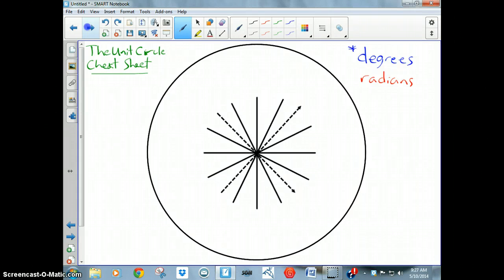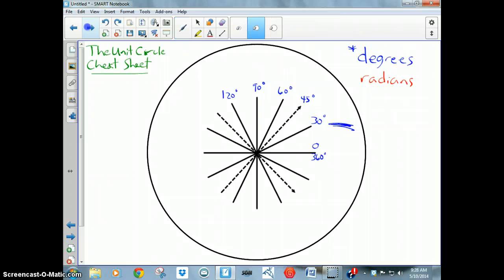Degrees is in blue. Now, if you remember, this is 0 degrees or 360, this line right here. And going around the circle, that's 30 degrees. This is 45 degrees. This is 60 degrees, etc. So go ahead and fill in the degrees, leaving room in here between the degrees and the edge of the circle, because that's where we're going to write the radians.